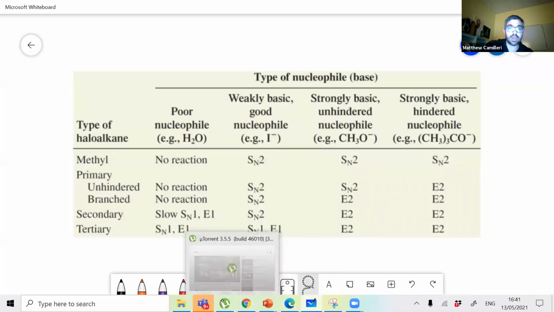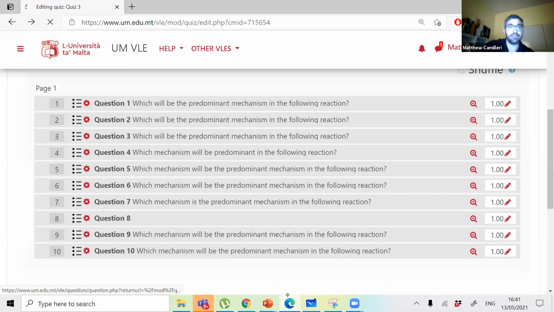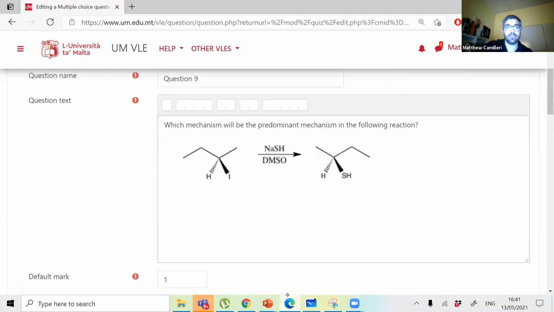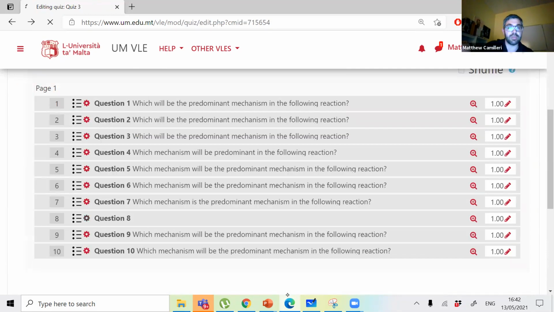Then we can see question 9. Iodine and SH minus in DMSO. Same thing, same reasoning. This will be SN2, substitution. And here, in fact, you have also been given the answer, so that should have made it a bit easier.